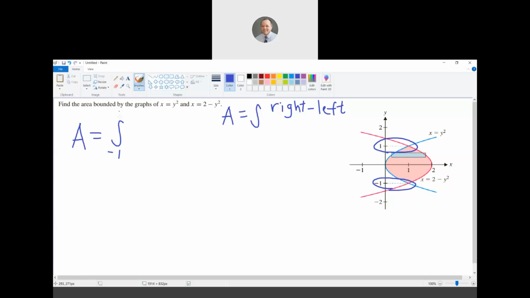So that's from -1 to 1. Our rightmost curve is 2 minus y squared, minus our leftmost curve, which is actually y squared. So I don't need the parentheses.